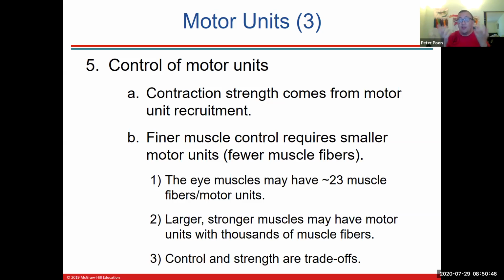He looks like a pretty strong guy, but I can put him in a room with a 90-pound chimpanzee and bet that the chimpanzee is stronger, and that's simply because its motor units are bigger, so the chimpanzee has less control, but much more strength.